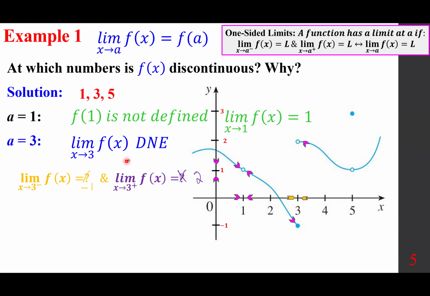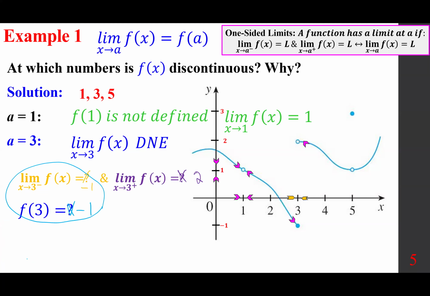Also, for information, what is f of 3? You look at 3 and look for a solid point. Here's the solid point. What is the y coordinate? -1.